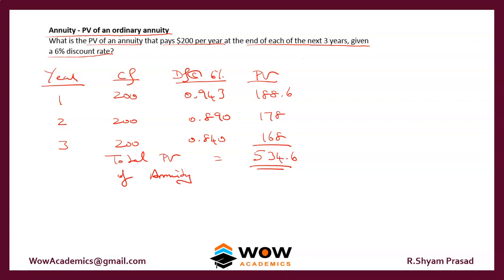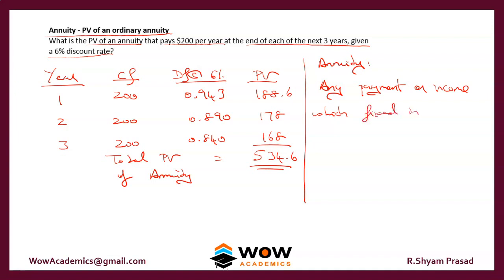So now the question arises, what is an annuity? See, annuity is any payment or income which is fixed in amount and received or paid over a number of years.